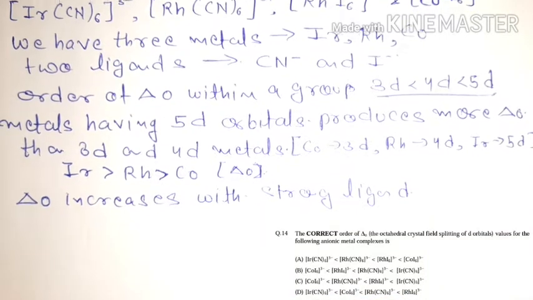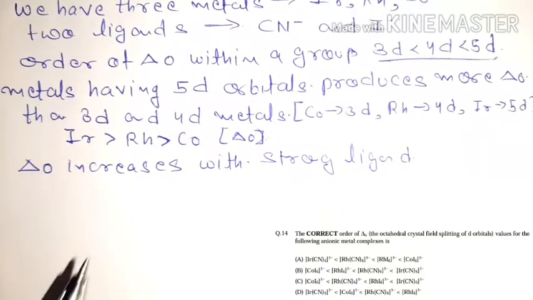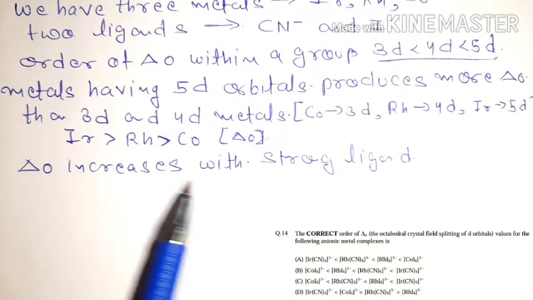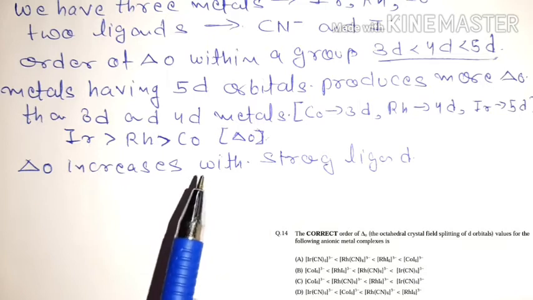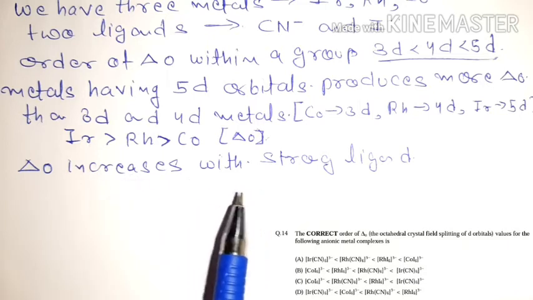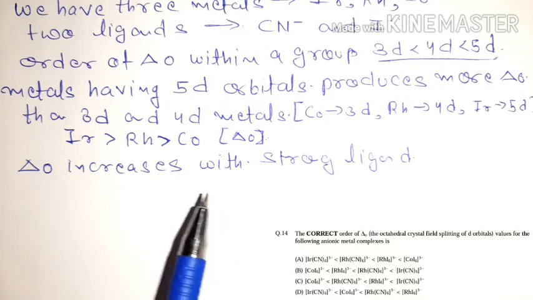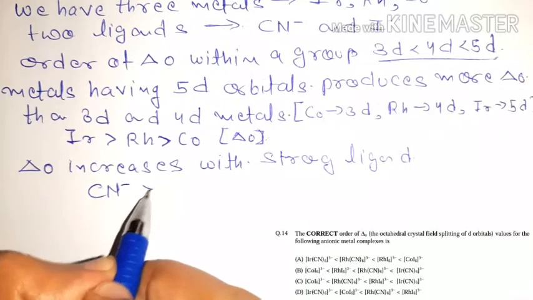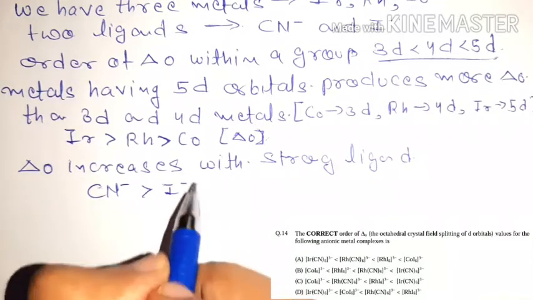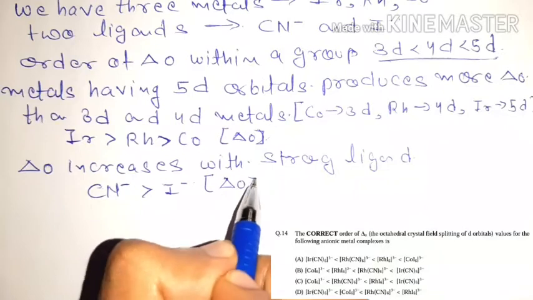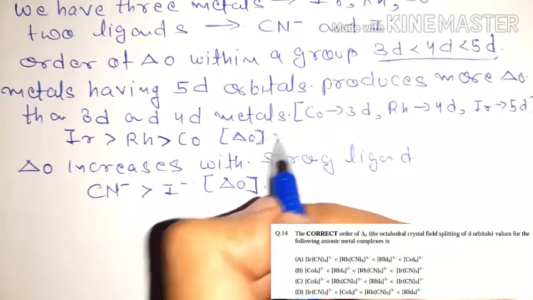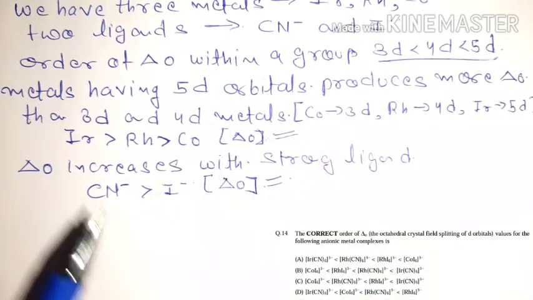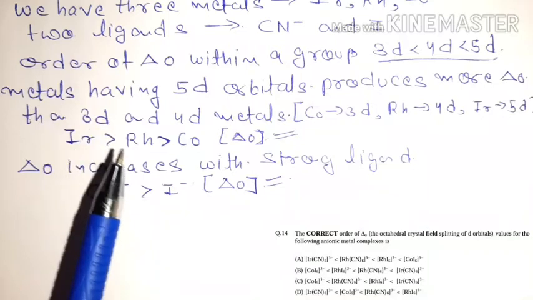As the ligand field strength increases, the value of delta O will also increase. So here the delta O for CN minus is greater than delta O for I minus. Now on the basis of these two relations, you can find the order of delta O of all these complexes.